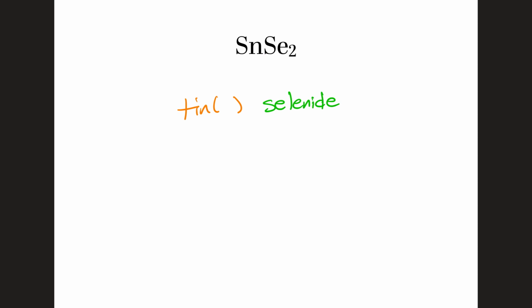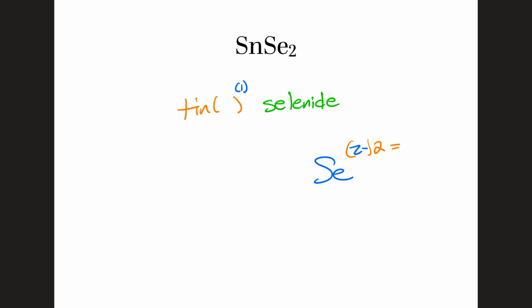Whatever we have, we'll be multiplying it by 1 to keep the charge balanced. Selenide is in group 16, so it has a -2 charge. We have 2 of those, so we multiply by 2.